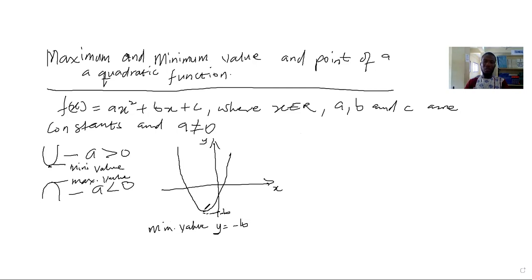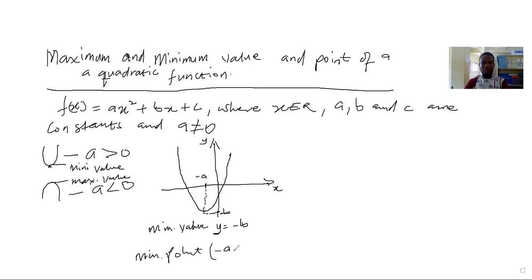And then if we want to get our minimum point, a point involves both x and y coordinates. So because here x is negative, let's call it negative a. Then our minimum point becomes the x coordinate first.